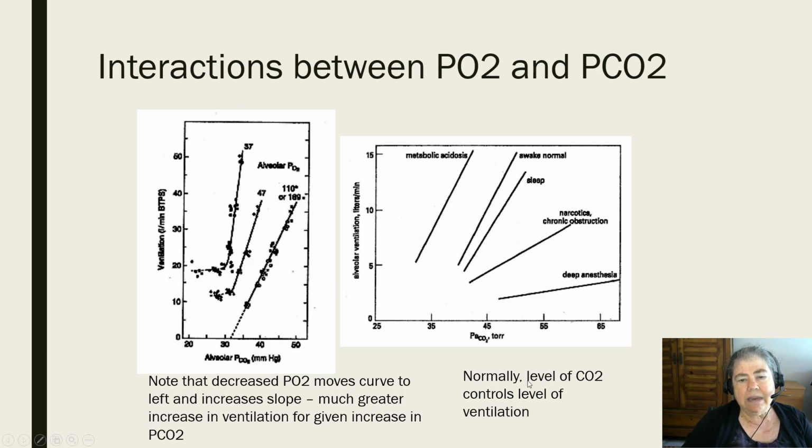And it's carbon dioxide levels primarily that control the levels of ventilation, and there are a lot of things that can affect that. So, for instance, with deep anesthesia, carbon dioxide levels can get very high, but we are impairing the ability to increase ventilation. Same thing is true for narcotics, less so for sleep.